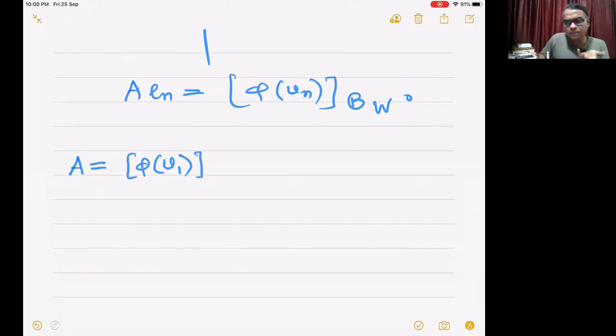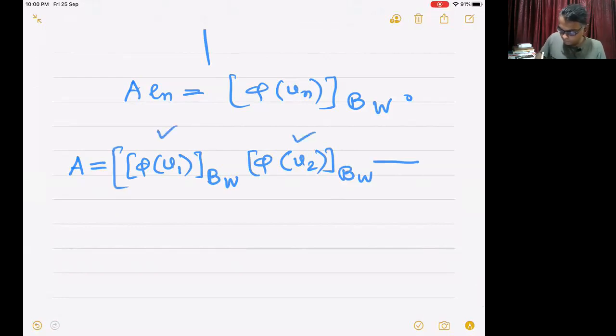That's a vector in W, so represent that in the basis of W. Look at the action of phi on the second basis vector, express phi V2 in the basis of W, and so on. This is the first column, this is the second column. Ultimately, we get the nth column, which happens to be this. That's your matrix representation.